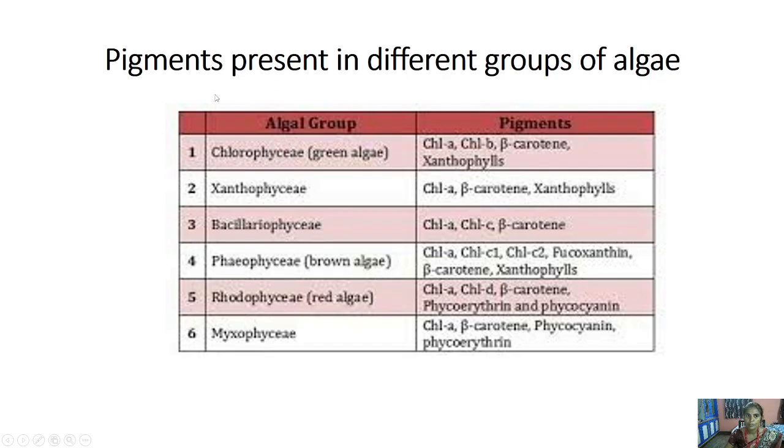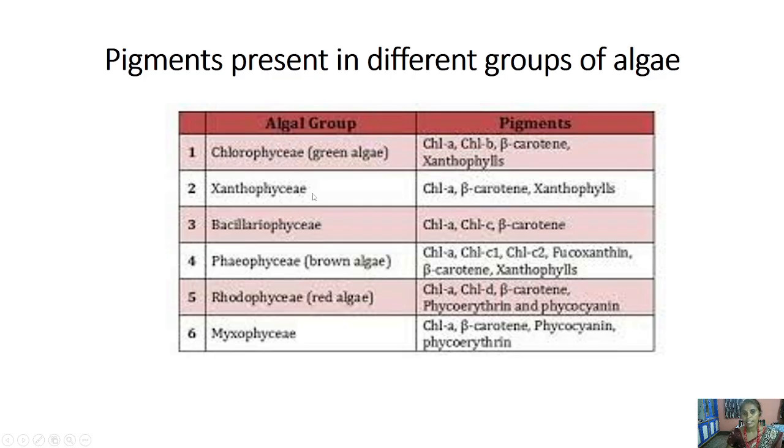In this slide, we can observe the different types of pigments present in different groups of algae. On the left side, we can observe the algal groups. On the right side, we can see the different combinations of pigments. The Chlorophyceae, commonly called green algae, contain chlorophyll A, chlorophyll B, beta carotene, and xanthophylls as a combination of pigments.